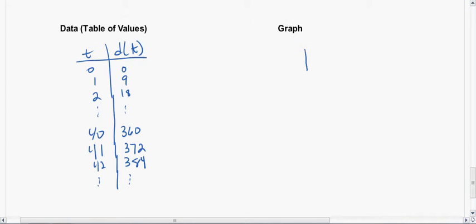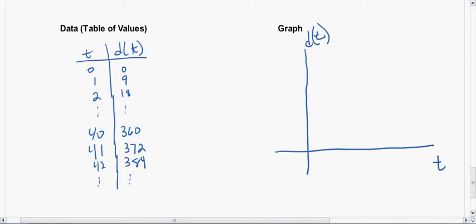And I'm just going to have the first quadrant because I'm not going to have negative time. My independent horizontal axis is a time axis. And my dependent vertical axis is dollars, D depending on T. And my domain goes from 0 to 60, so maybe I'll go up by 20s here, 20, 40, and 60.